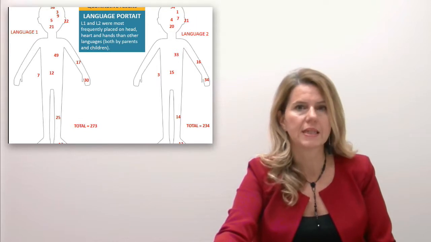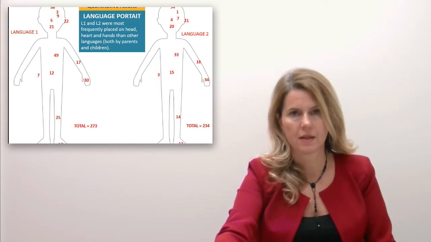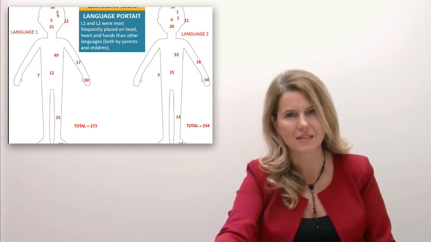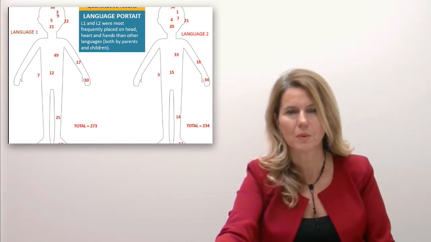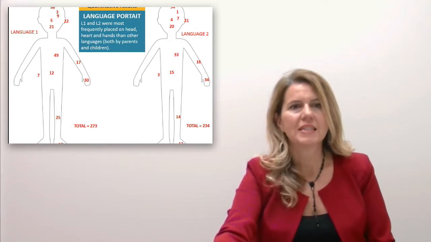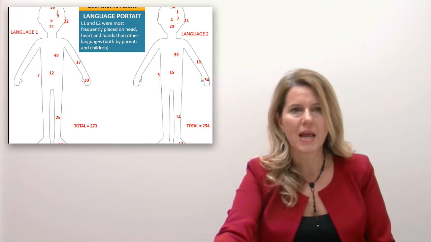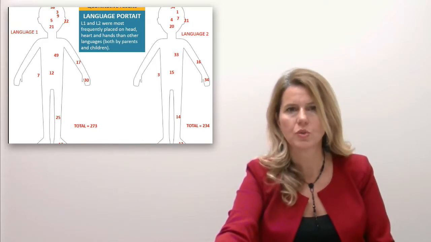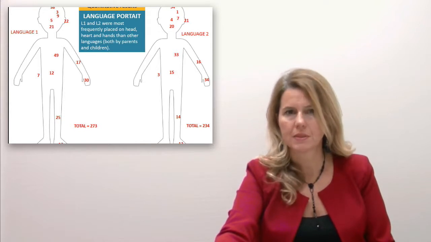And for instance, if we just take the description of head and heart, which are the two parts that are more important for learning and emotion, you can see that language 1 is placed 49 times in the head, and language 2 33 times in the head.